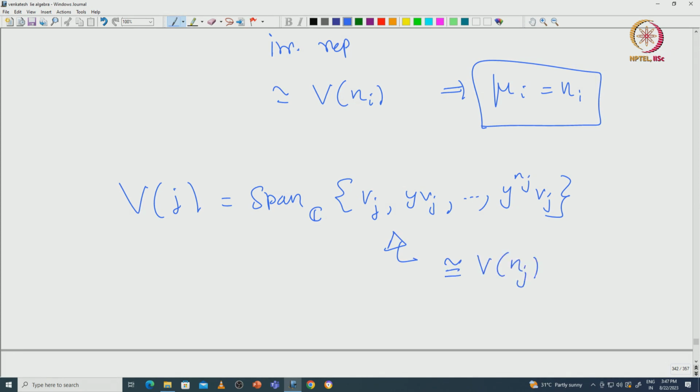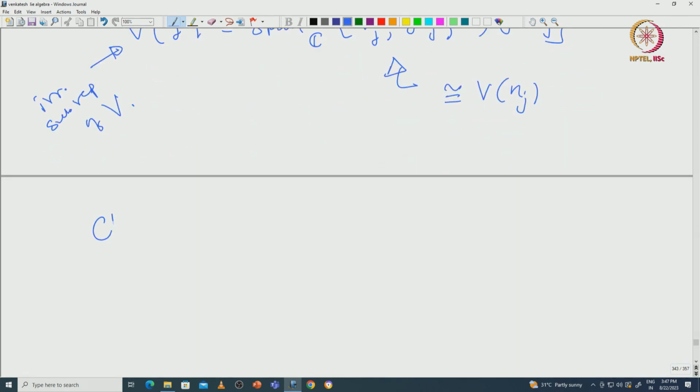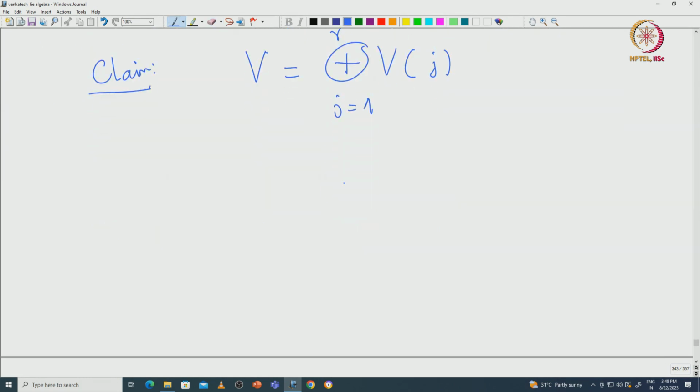So, all these are irreducible sub-representations of capital V. So, now what is the claim? The natural claim is V will be isomorphic to, or equal to, the summation of V_j, j ranging from 1 to r. Okay. So, that is the idea.